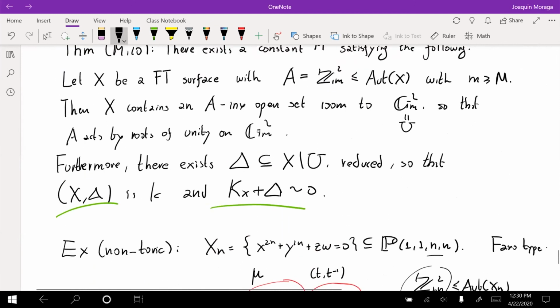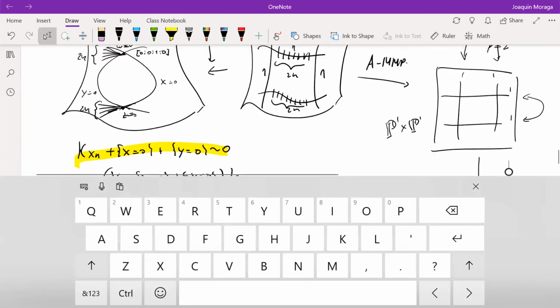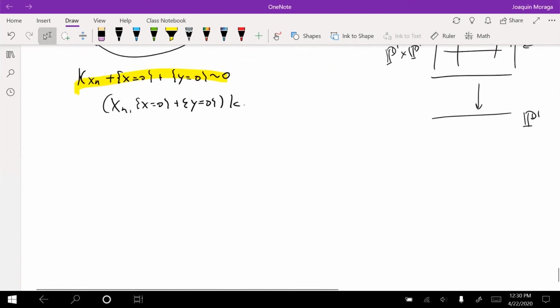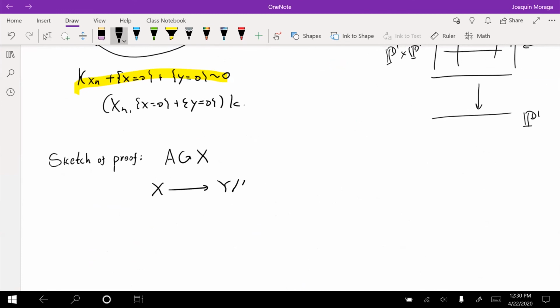So let me tell you a little bit about the proof. So the sketch of the proof. Always the first step is to quotient by G, or by A. You have an A action on a finite variety X, and then you take the quotient. Now you find a bounded n-complement here, which we know exists by Birkar.